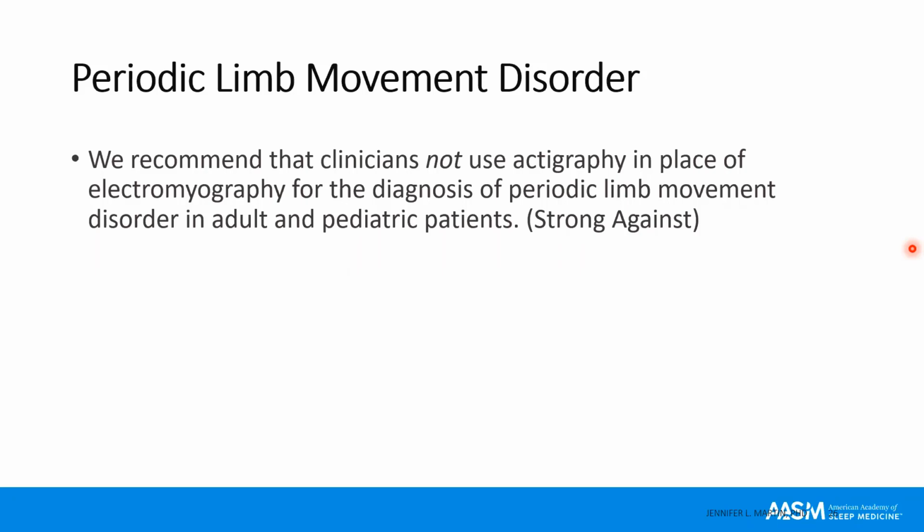And the other concern is that because PLMD is often treated with medications, you could misdiagnose someone as having PLMD when they don't really have it, and treat them with a medication that could potentially have harms or side effects. So this is the only instance where we landed on a strong recommendation, and in this case, it's a strong against. So we felt pretty strongly that EMG should continue to be the standard for diagnosing periodic limb movement disorder in both adult and pediatric patients.